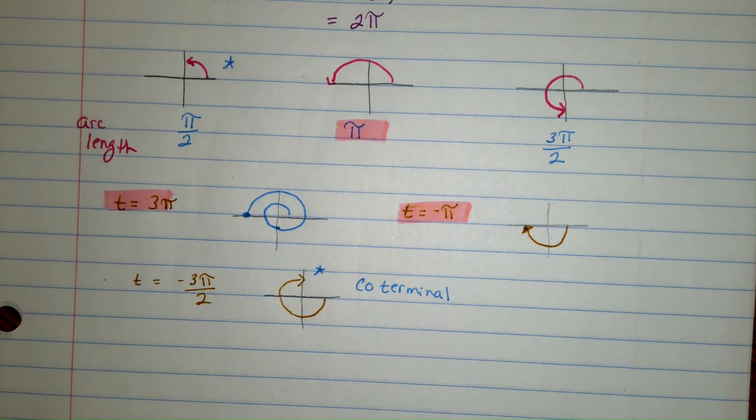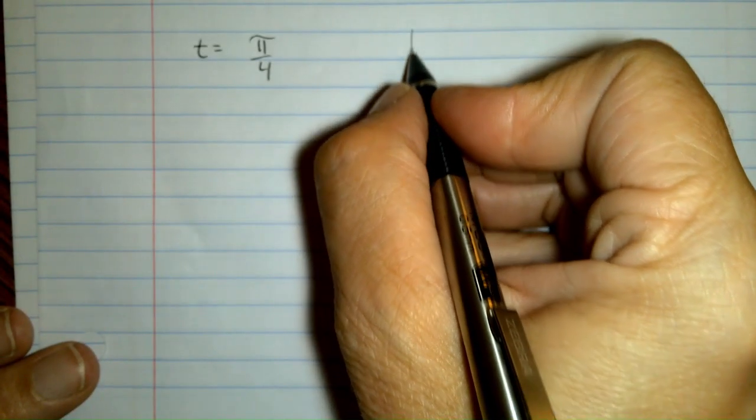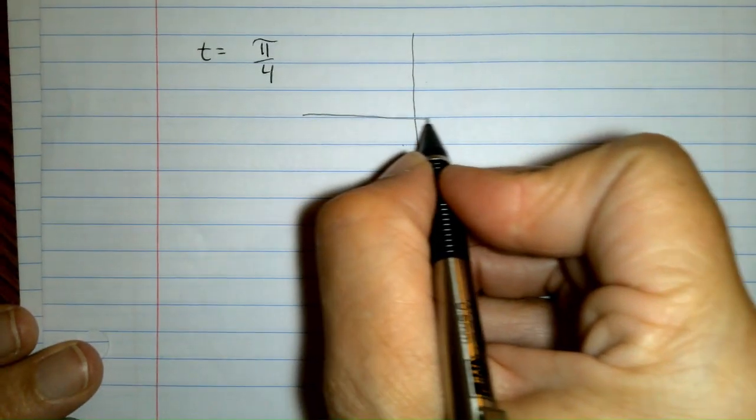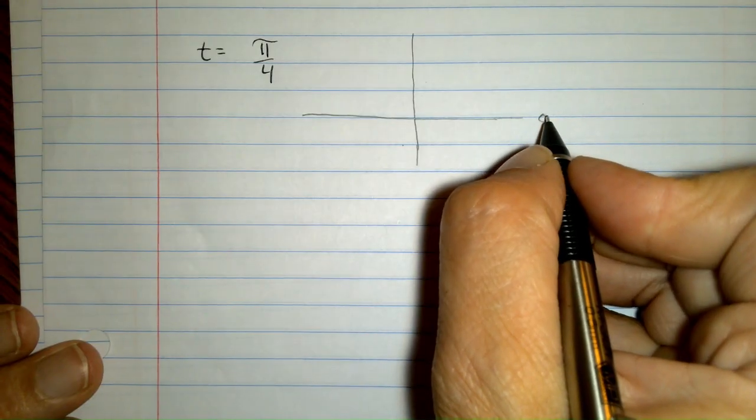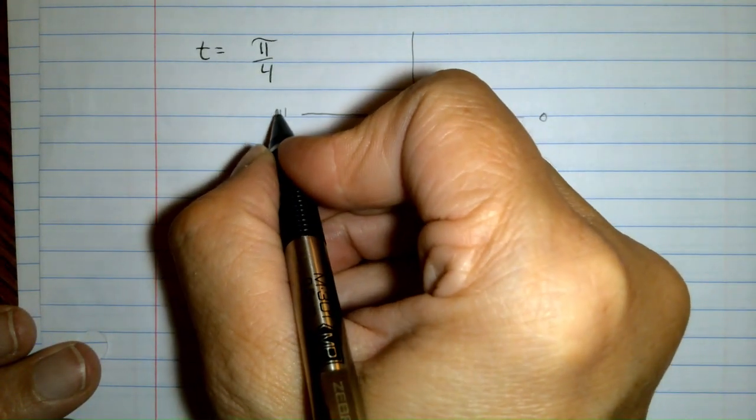So let's see if you can think about the ordered pairs that would go with a terminating spot of an arc length pi over 4. Okay, so let's think about how big is that arc length of pi over 4. 0 is here, right? Pi.